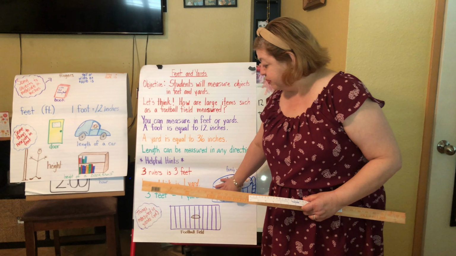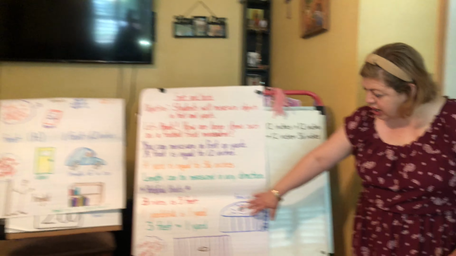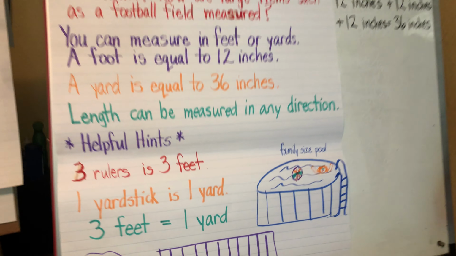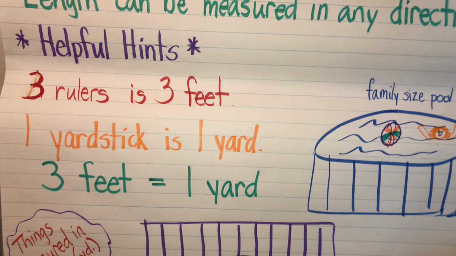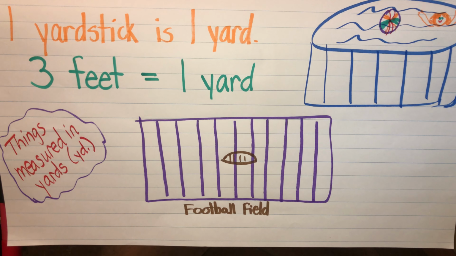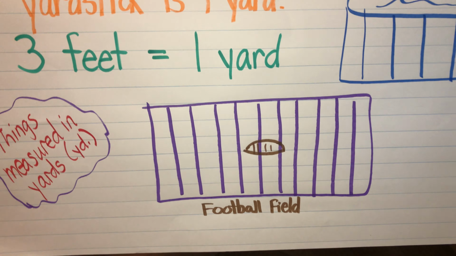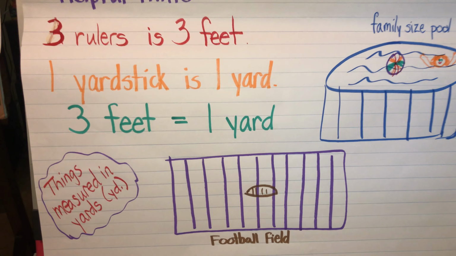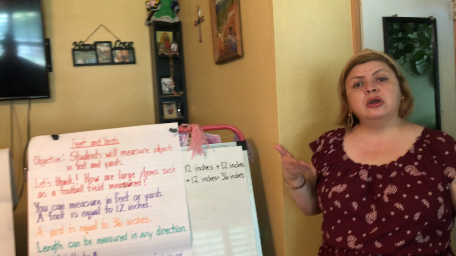And here, on this side of our next chart, I'm showing you things that can be measured in yards. So if I wanted to find out how long a football field is, it would make sense for me to measure it in yards. If you ever watch football games and you hear the commentators, they talk about yards.